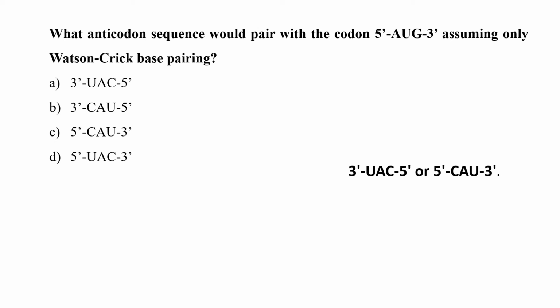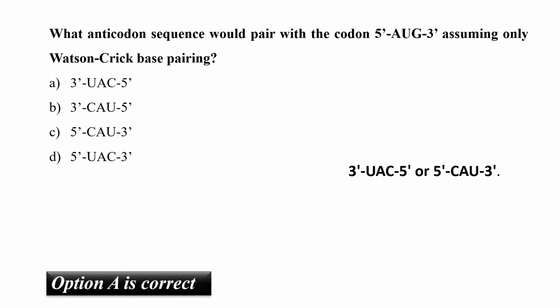So if the base sequence in the codon of mRNA is 5' AUG 3', the complementary anticodon could either be UAC if written from 3' to 5' direction, or if 5' to 3', I will have to write it as CAU. So let's explore the options: option number A, UAC in 3' to 5' direction, is going to be the correct answer.